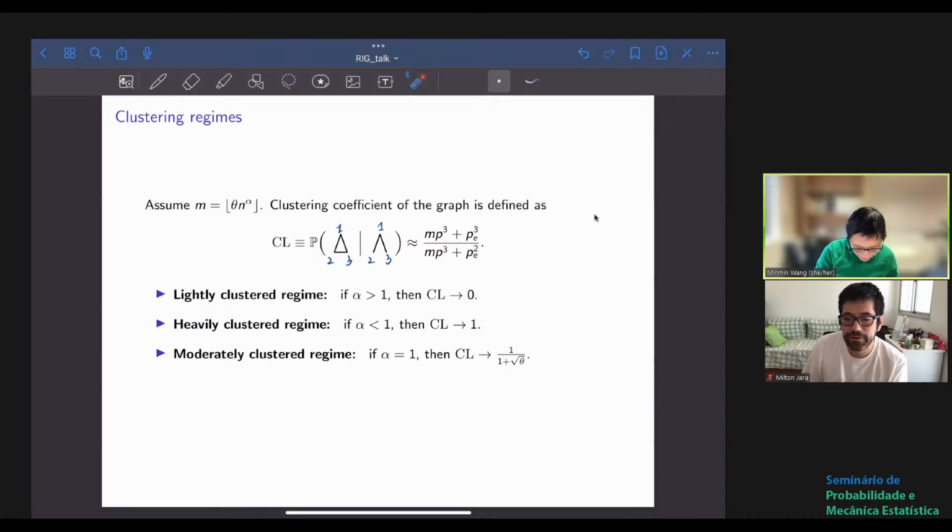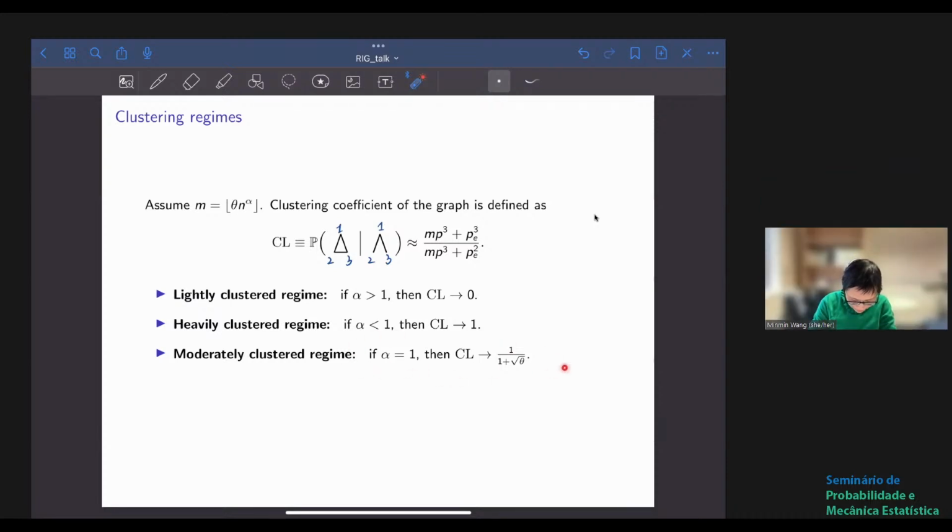So finally, just finishing this slide. If alpha is 1, then the clustering coefficient will depend on the exact ratio between m and n. This is given by this parameter theta, which gives you a function of theta taking values between 0 and 1.